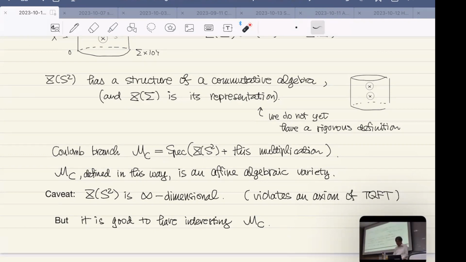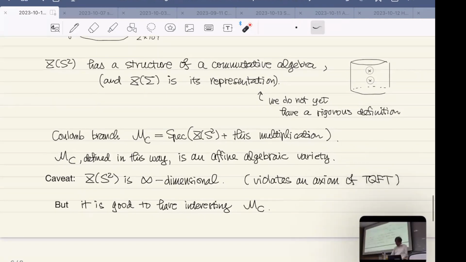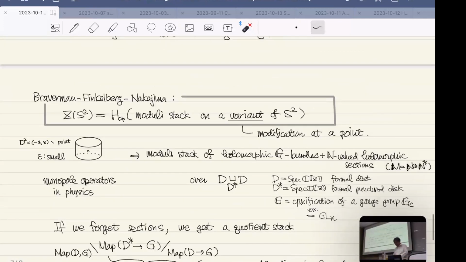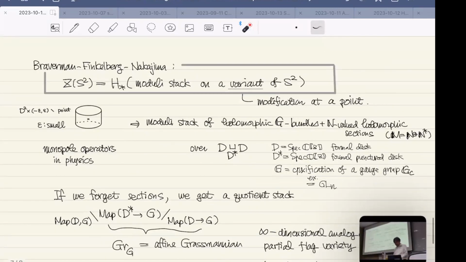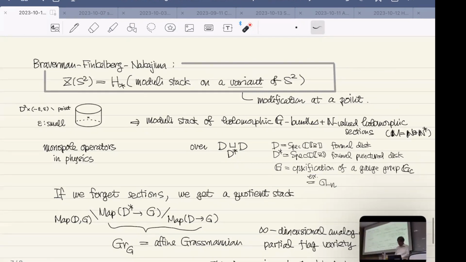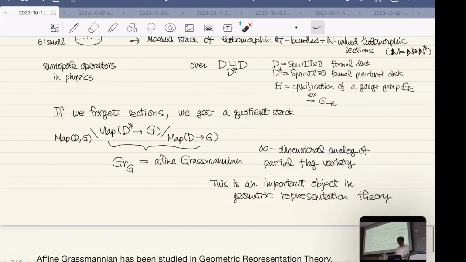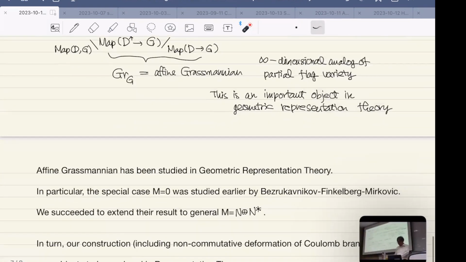Once you can define the non-commutative deformation in this way, I think there are various ways to produce its representations by a similar or slight modification of this construction. So this is a very interesting direction to pursue, I think.